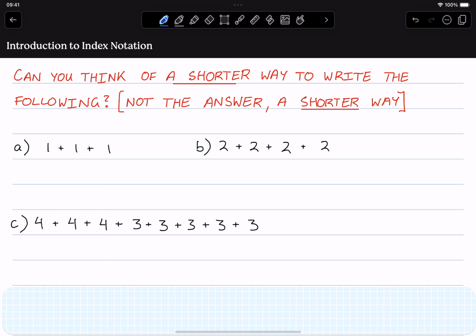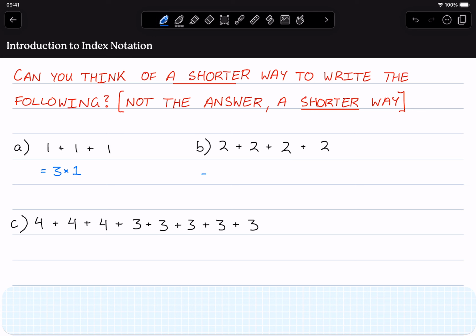Well, 1 plus 1 plus 1 is really 3 lots of 1. So this is the same as 3 times 1, or 3 groups of 1. The moment I've shown you this one, I hope the rest become very straightforward. 2 plus 2 plus 2 plus 2.